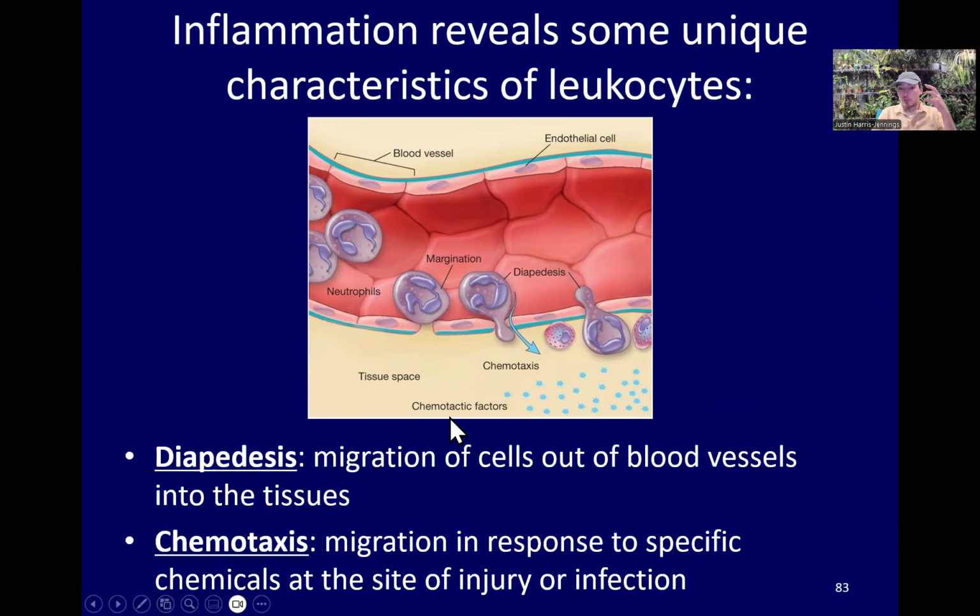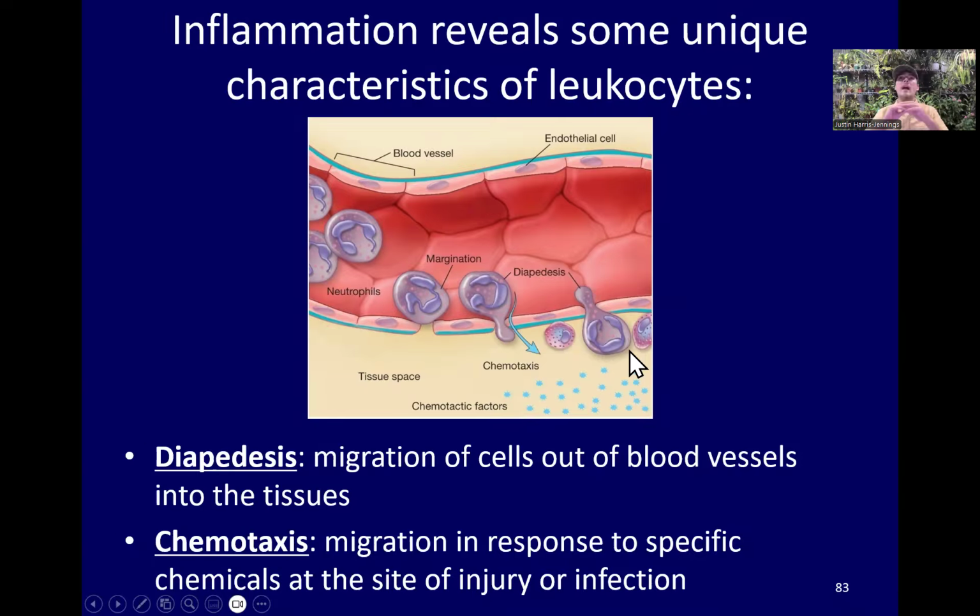And eventually it will bring the neutrophil to a halt, or at least slow enough for them to infiltrate through and in between these endothelial cells and start following these chemotactic factors, these molecules that cause these neutrophils to chemotaxis to the site of injury.